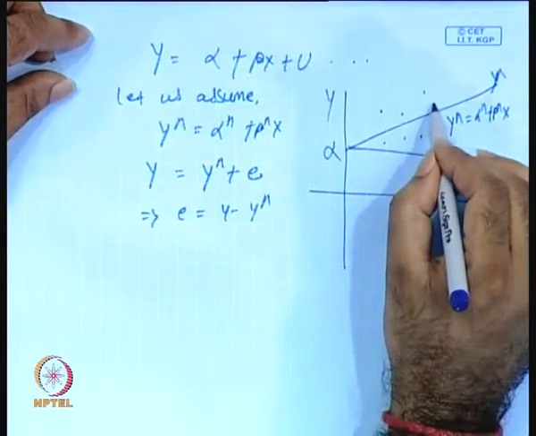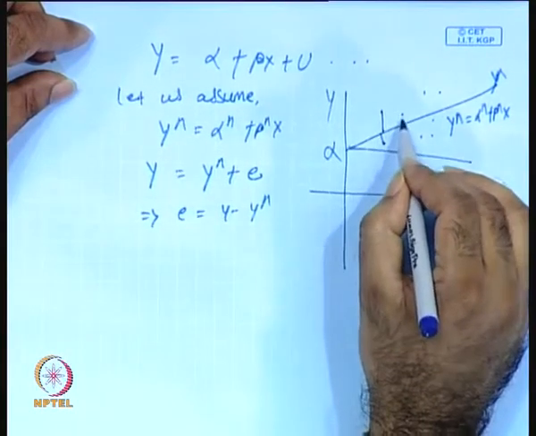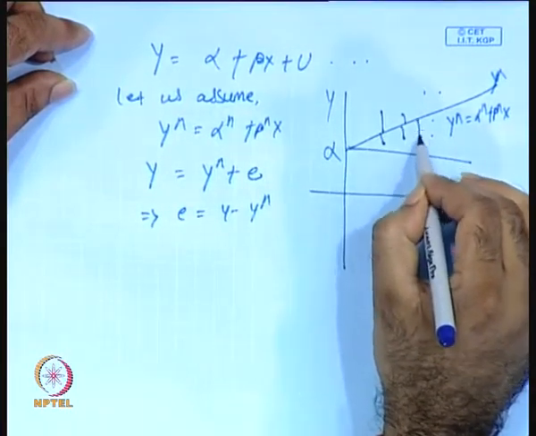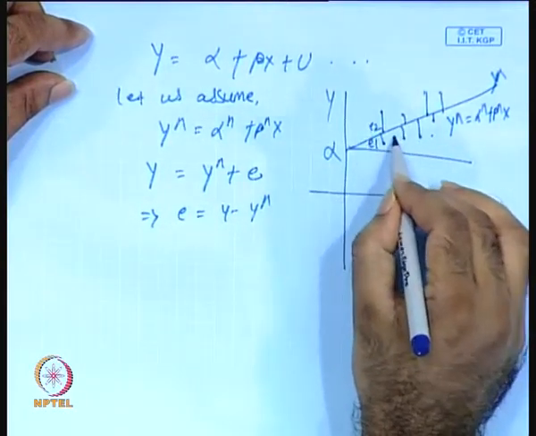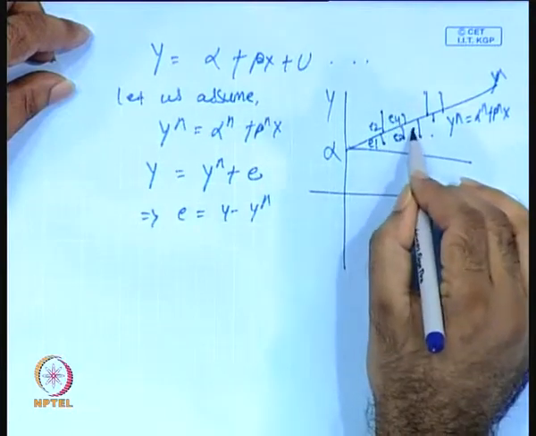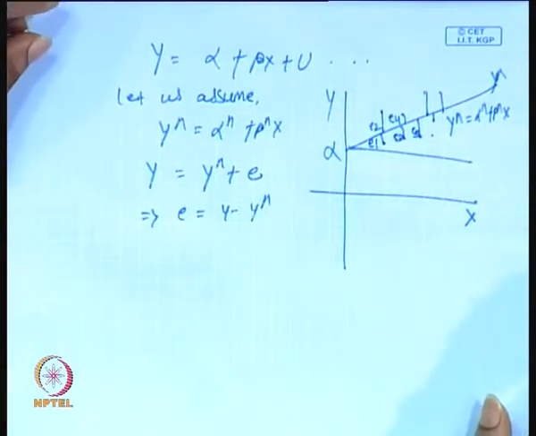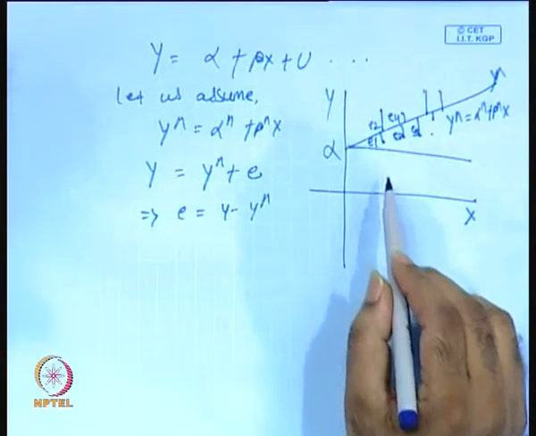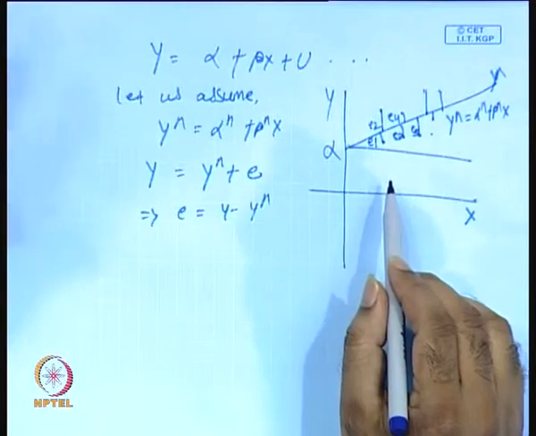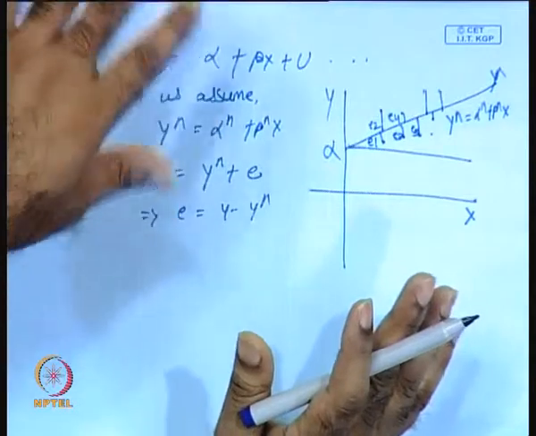The difference between them is like this: this is E 1, E 2, E 3, E 4, E 5. This E represents the error term. When we fit a line, it is different from the true points, so the true points and the estimated line give the signal of error terms.